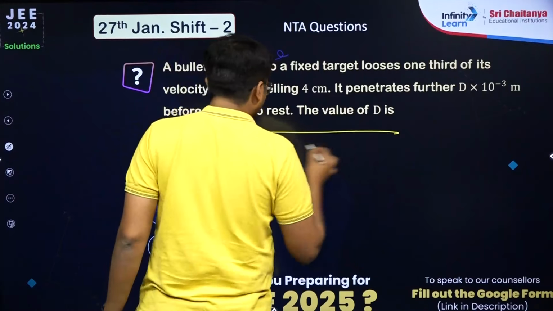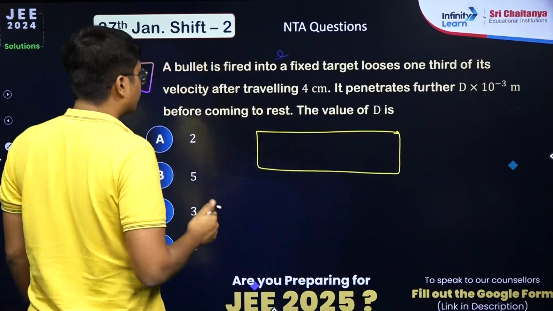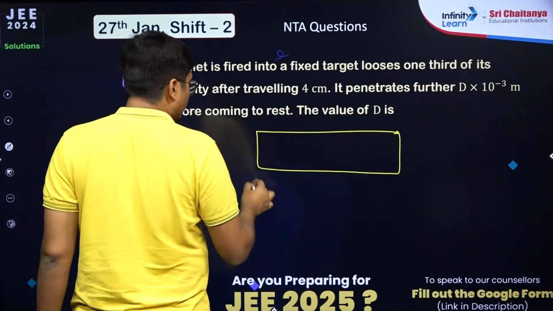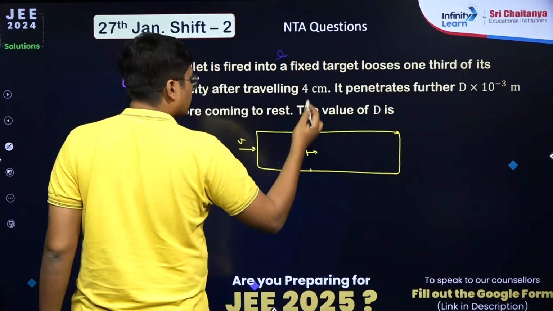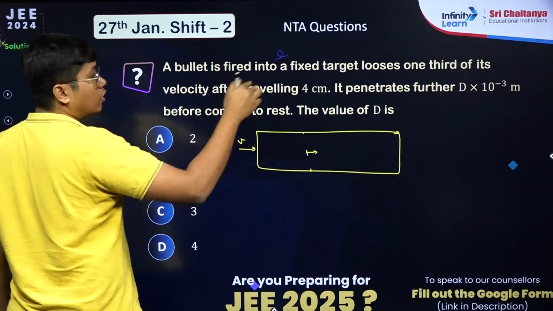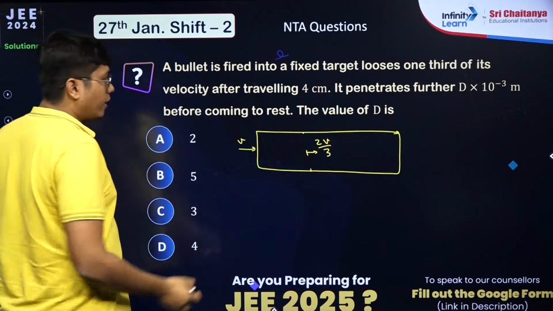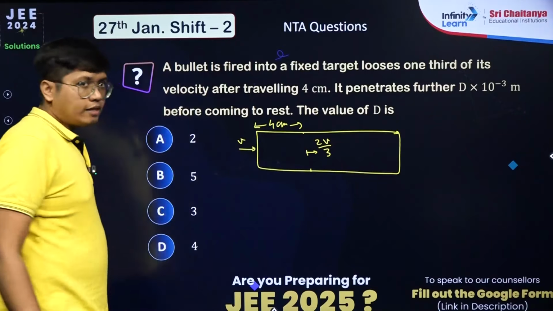So over here, let's assume this is the entire path if it crosses the entire thing. So firstly, velocity goes from initial velocity of v to maybe at some point velocity drops, loses 1/3. Loses 1/3 means velocity becomes 2v by 3. And the distance there is 4 centimeter.